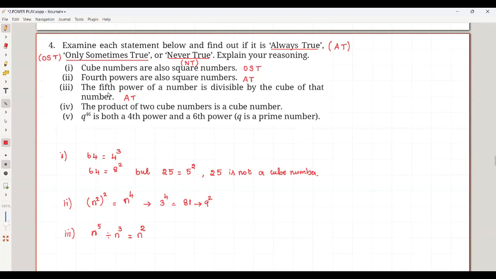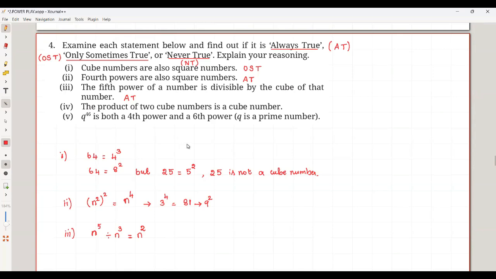Here they are asking whether the fifth power of a number is divisible by the cube of that number. Yes, the answer is coming as n to the power 2. This is always true.